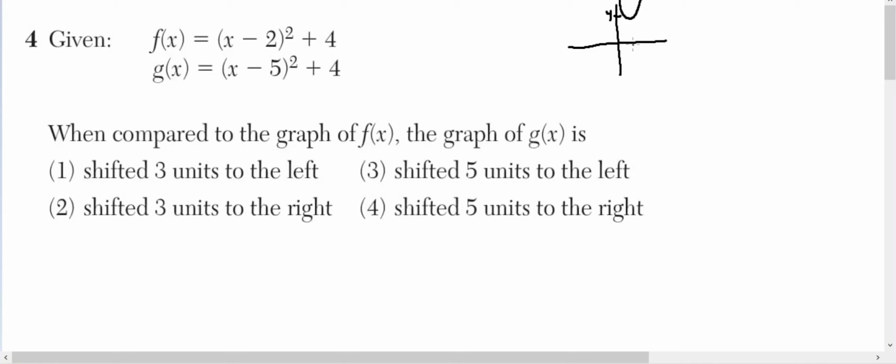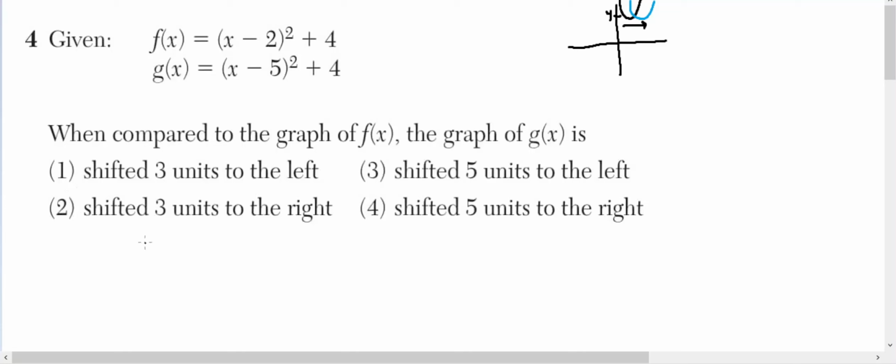And if I plug in g of x, which is quantity x minus 5 squared plus 4, then I get this curve. So it looks like it went 3 units to the right. Not quite 5, but definitely 3. So I'm inclined to pick 2. But let's check our answer algebraically to make sure this makes sense.